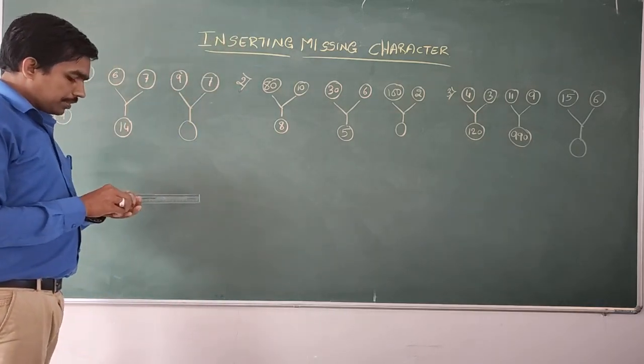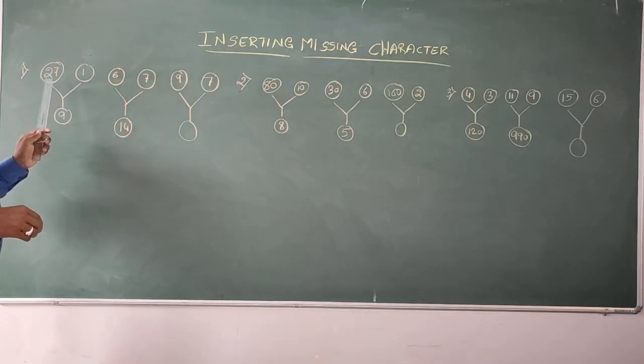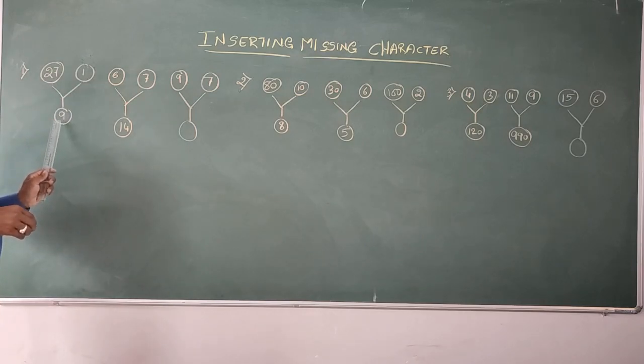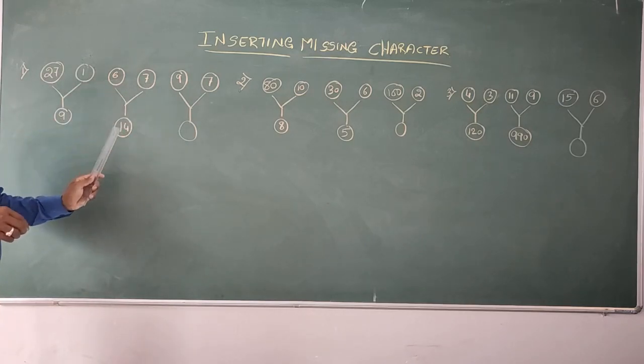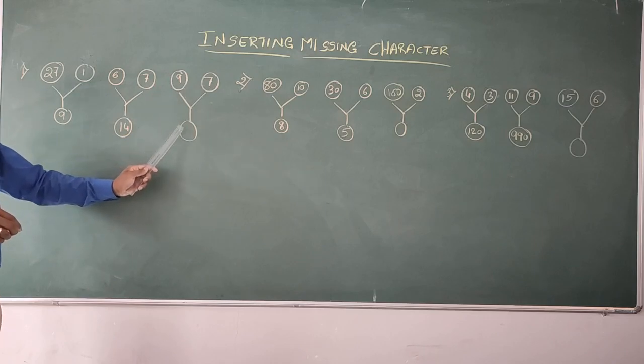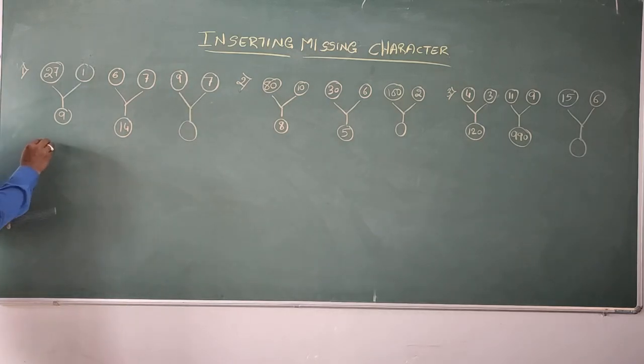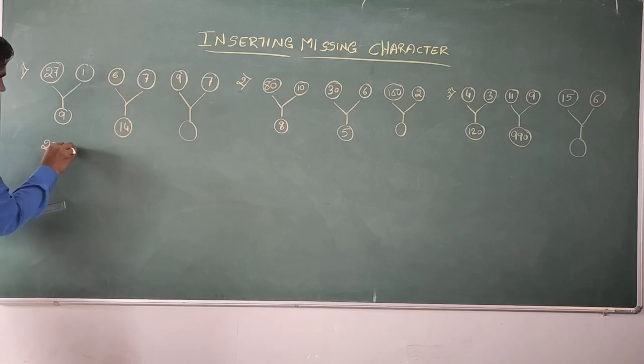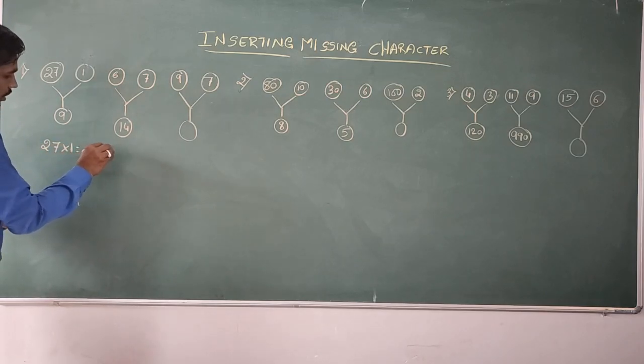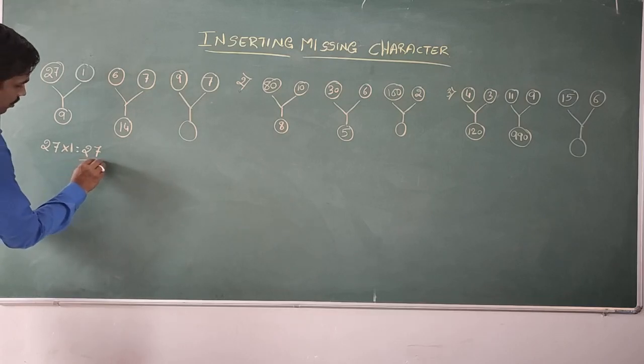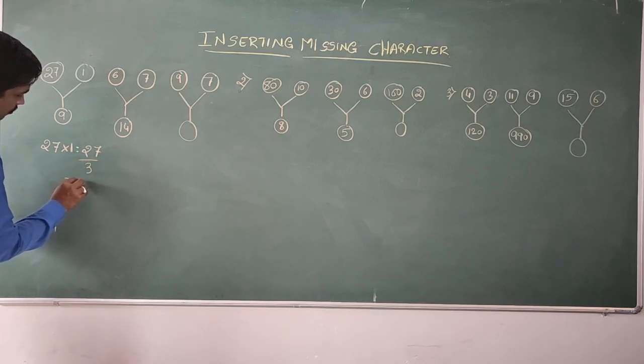Coming to our first problem, 27 1 9, 6 7 14, 9 7, and we have to fill this gap. See here, 27 into 1 is 27, and we divide it by 3, we get 9.